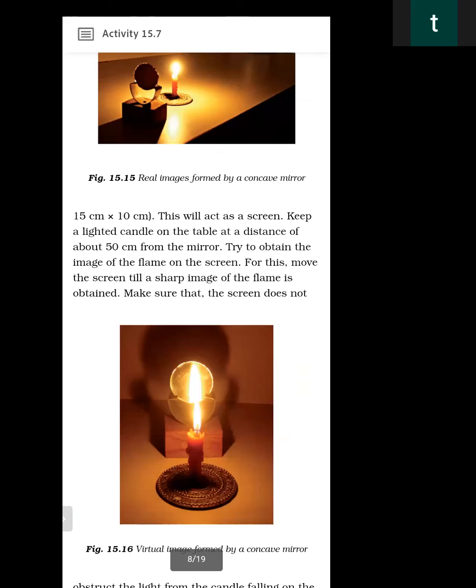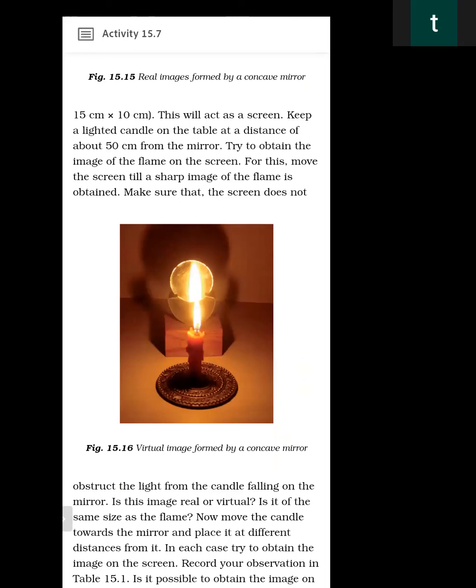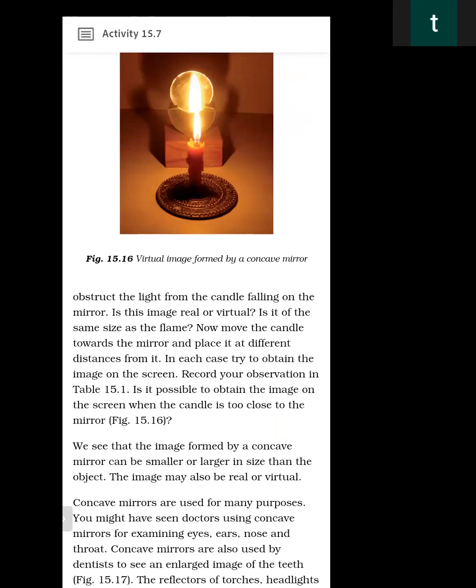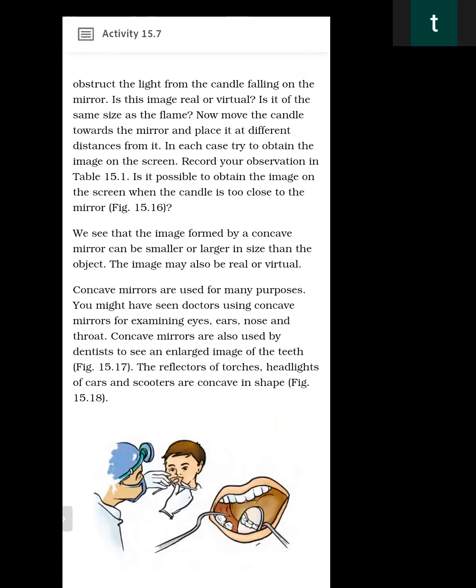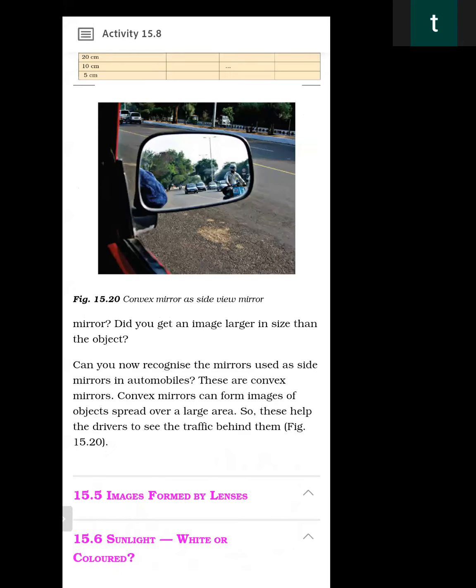Mirrors are used for various purposes. Doctors use concave mirrors to examine the eye, ear, nose and throat. Concave mirrors are also used by dentists to see an enlarged image of teeth. Concave mirrors are also used as reflectors of torches and the headlights of cars and scooters. All are concave in shape.